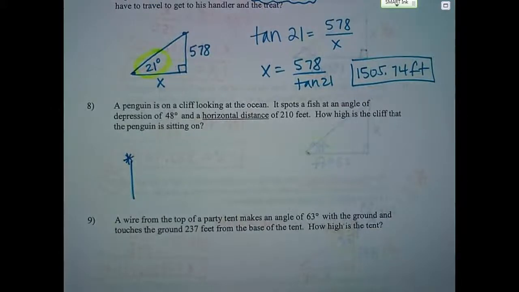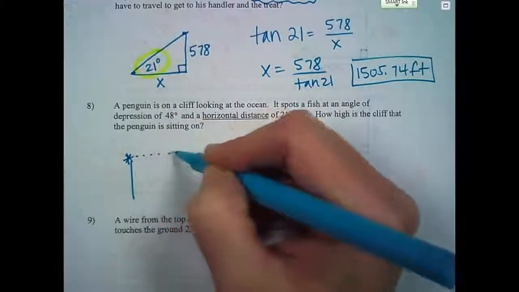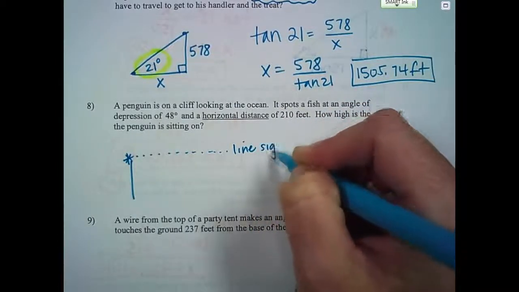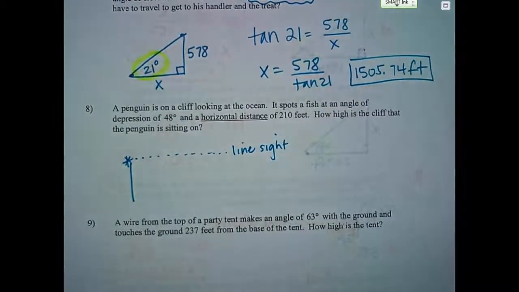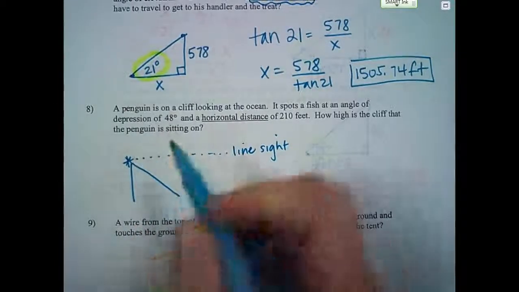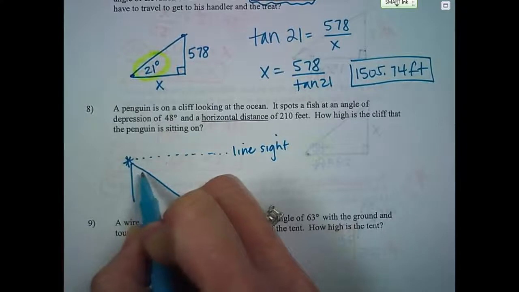Here's the hint for angle of depression. You have to take into account that your normal line of sight would be here. This is your normal line of sight. An angle of depression means you're looking down. What throws you off is you just want to think that the angle right here is 48, but it's not.